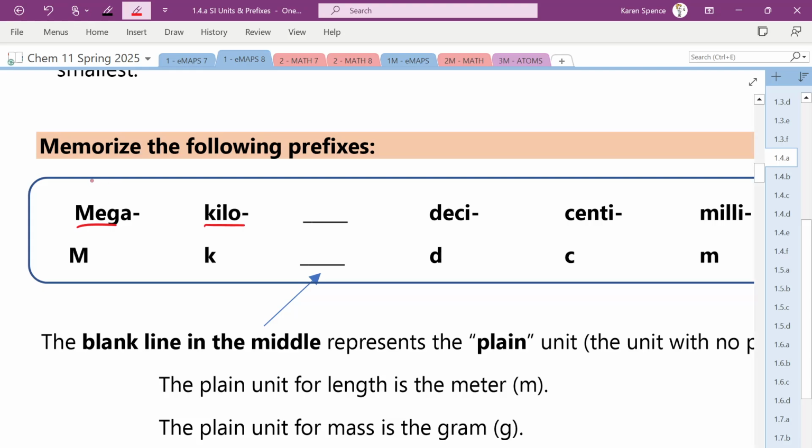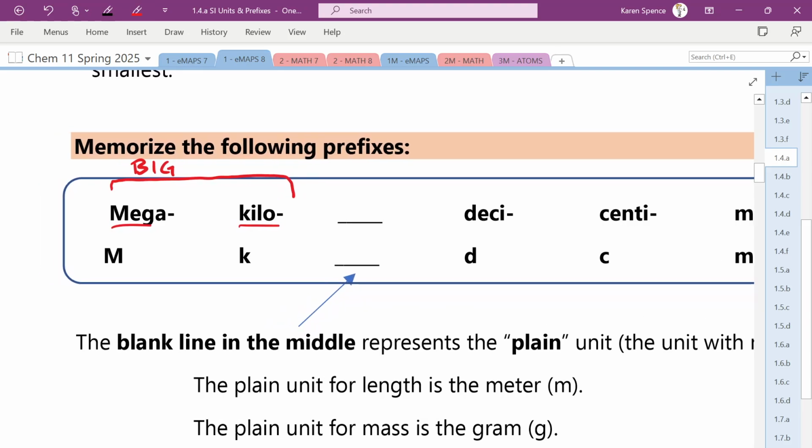These two here are both big. And we're also going to learn what power of 10 they stand for. Mega stands for 10 to the 6.